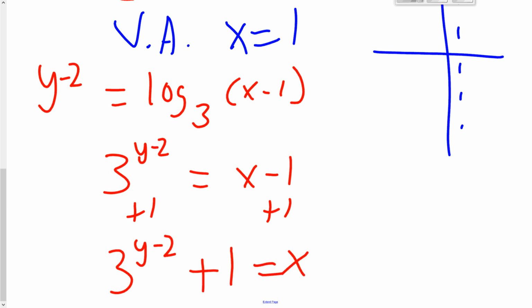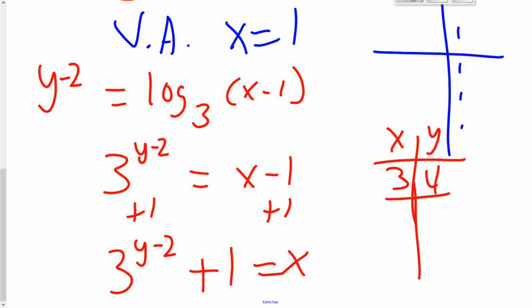So now I can pick my y's. How about 3? 3 is a good y to pick, right? Because 3 minus 2 is 1, and you get 3 plus 1 is 4. Those are y and x. The y I picked was 3, and I got a 4 as my x.